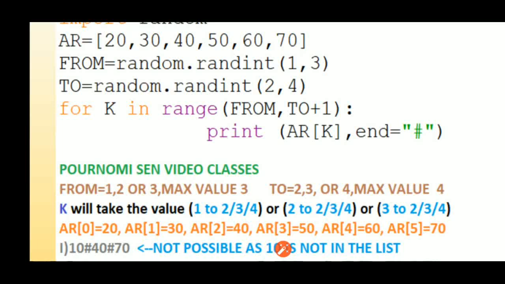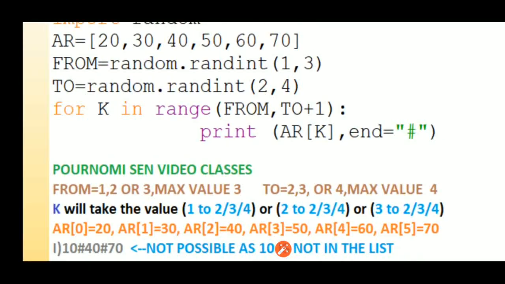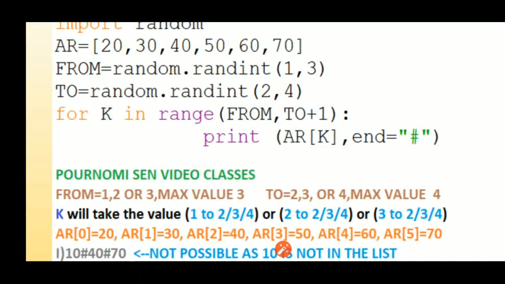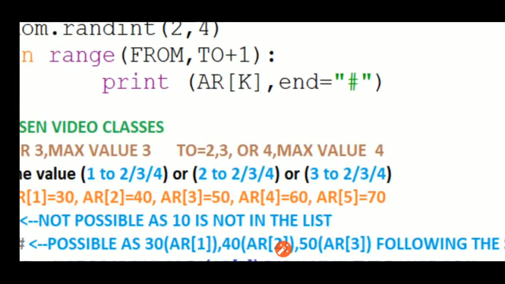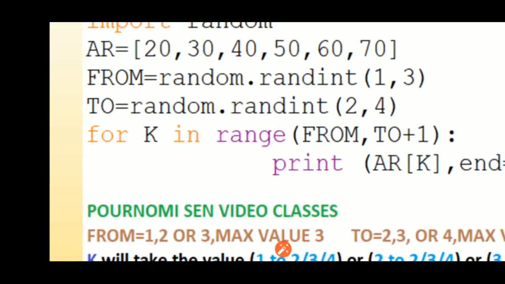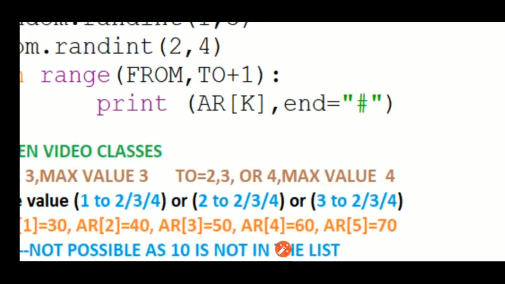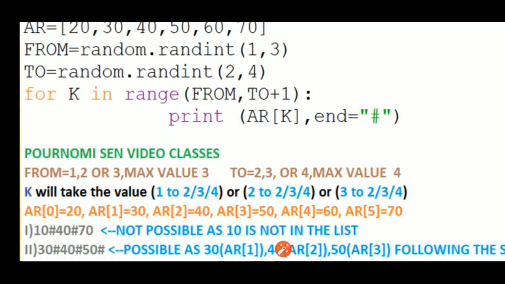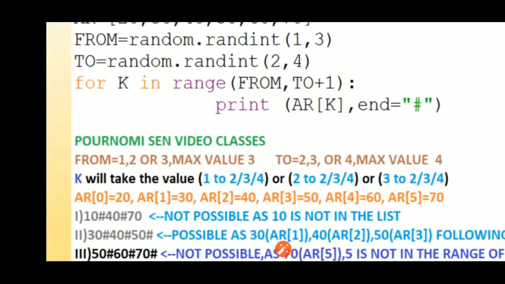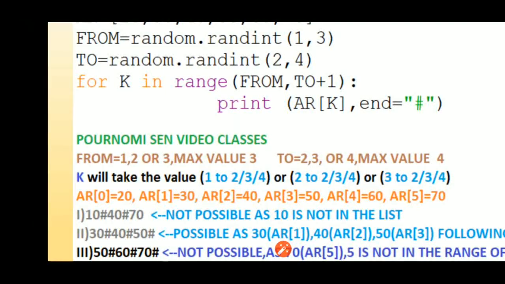That means if the value of From is 2 and the value of To is either 2 or 3 or 4. And the last case, 3 to 2, 3 to 3, 3 to 4. That means if the value of From is 3 and the value of To is either 2 or 3 or 4. So these are the possible combinations. Other than these, no other combination is actually possible.